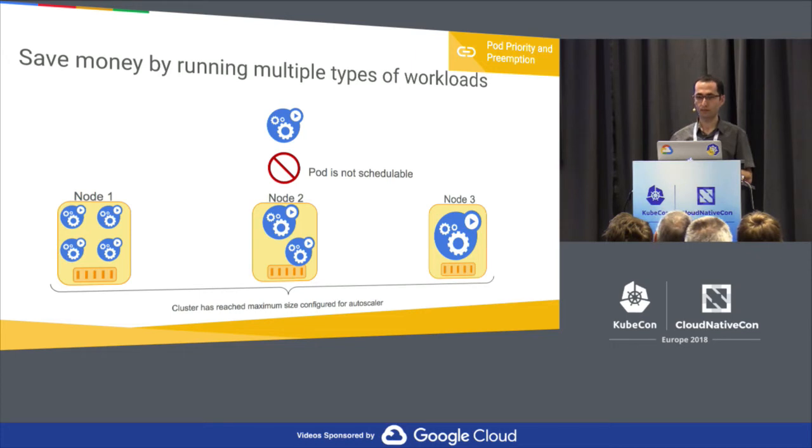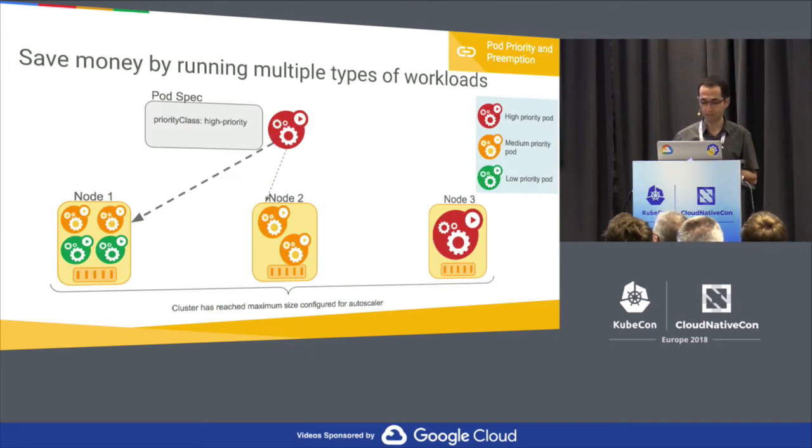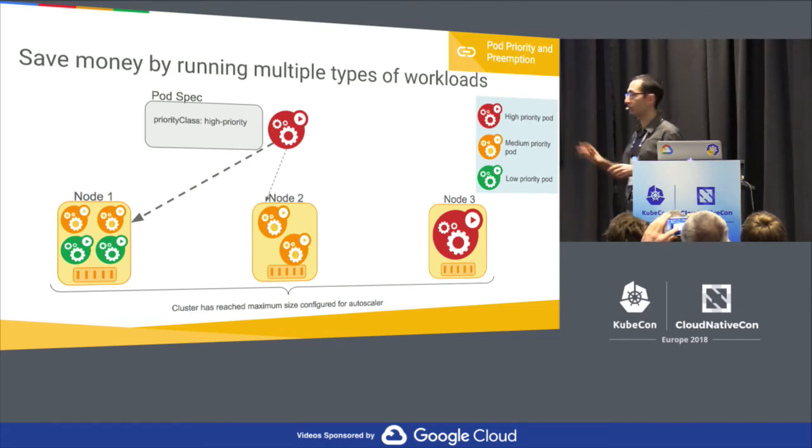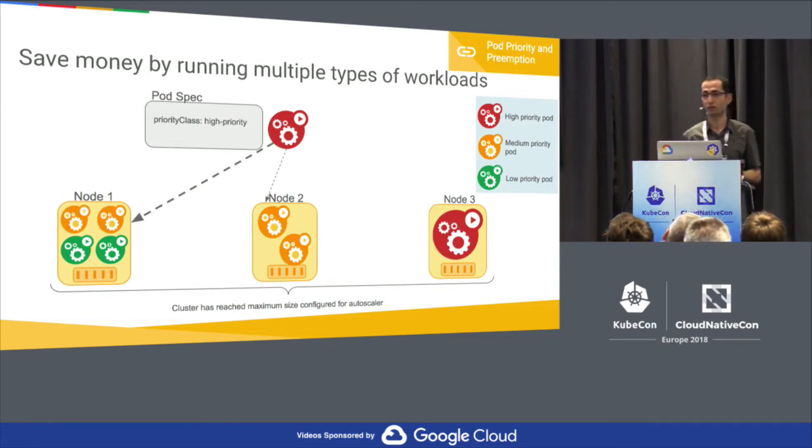But how do you specify which one is more important? That's how you put priority on your pods. In this case, let's say that the red pods have the highest priority in your cluster, the orange pods are medium priority, and the green pods are the lowest priority pods. So you can put all of them in the same cluster.